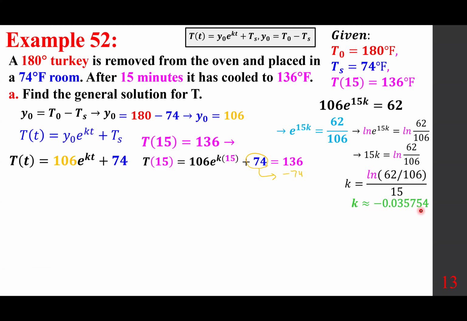And therefore, now we go back here and we write capital T of t is 106 e to the power of k, replace it, times t plus 74. So we have the answer. Now, what I want to do, I want to show you a slightly different method of approaching that.